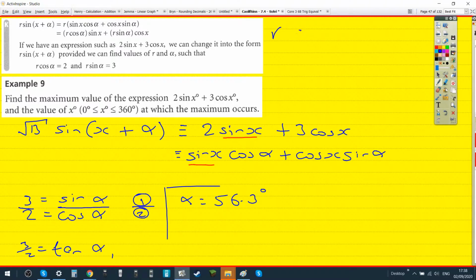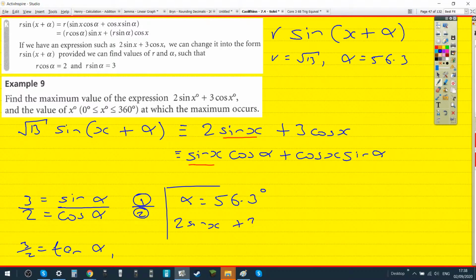So we would just put it in here. It was r sine x plus alpha. We said r is root 13 and alpha is 56.3. So what is another way to write 2 sine x plus 3 cos x? Just sub in our r and alpha.